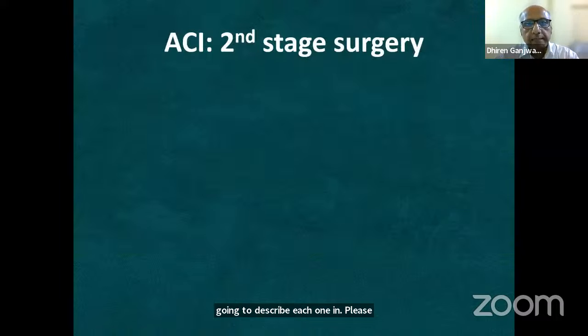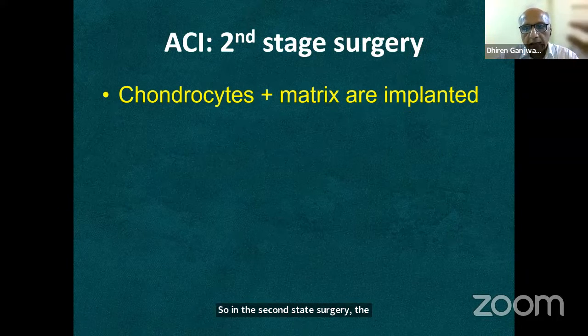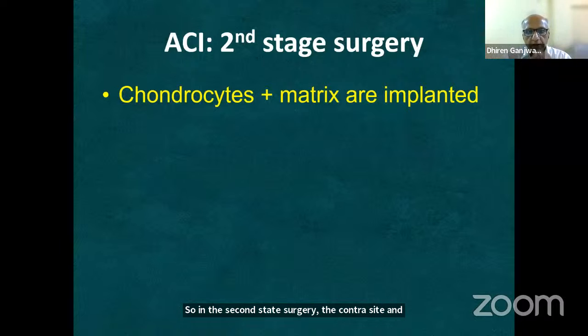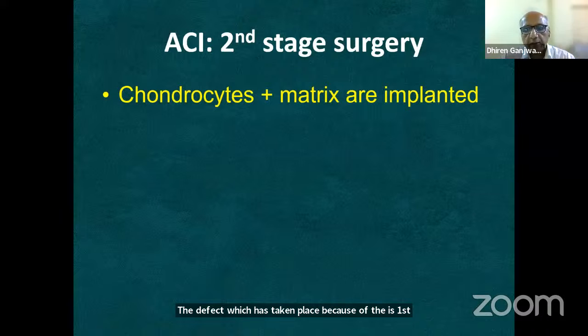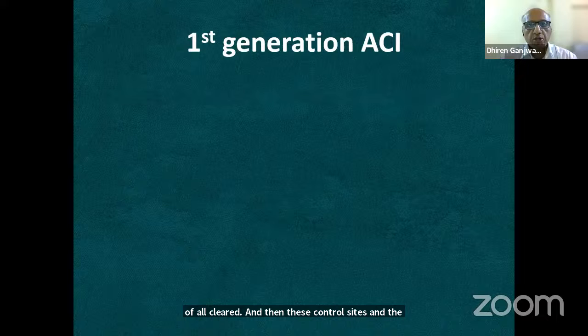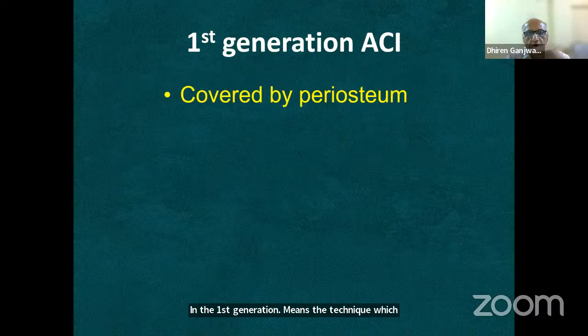In the second stage surgery, the chondrocytes and matrix are implanted in the defect. The defect caused by the lesion is first cleared, and then the chondrocytes and the matrix are implanted. In the first generation, the technique which evolved first, after implanting the chondrocytes, the area is covered with periosteum.